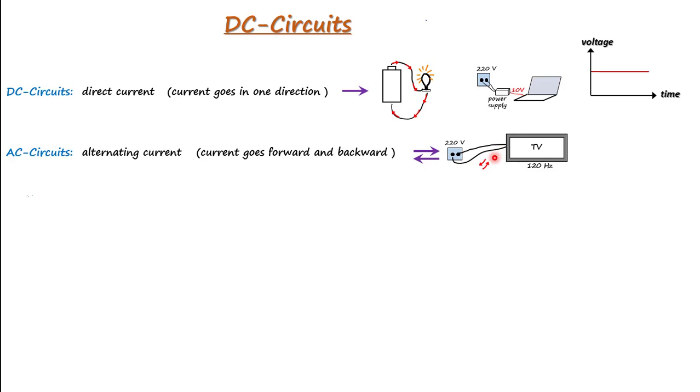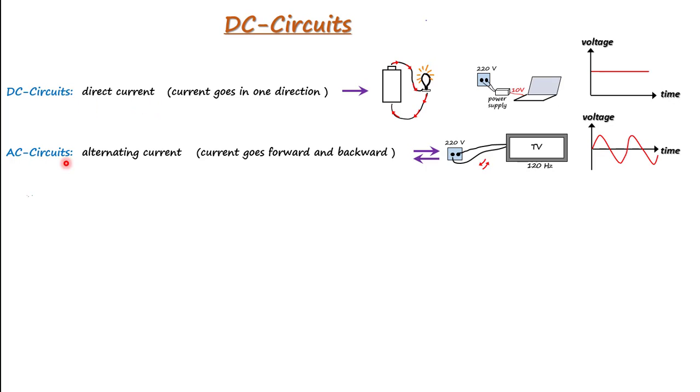So they are just switching direction all the time. For this 120 Hz TV, for this small distance, they are switching direction 120 times per second. Now if you consider voltage as a function of time for alternating current, we don't see this constant voltage. Instead we have this oscillating voltage. The function is kind of a sinusoidal function.